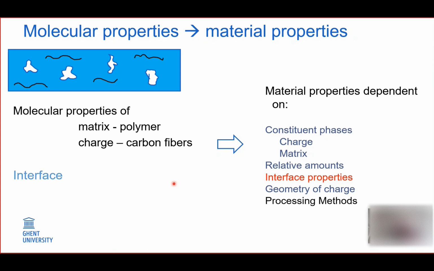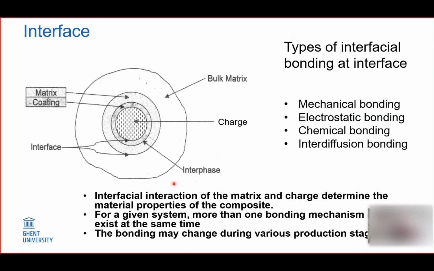The molecular properties are divided into those introduced by the matrix and charge, and the interfacial interactions that occur between the matrix and the charge. I will talk a little bit more about the interface, as it is very important in terms of a composite.